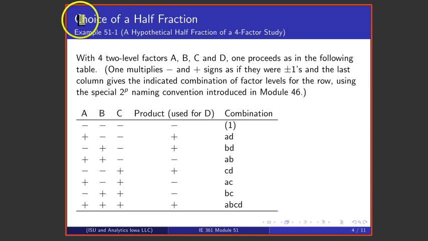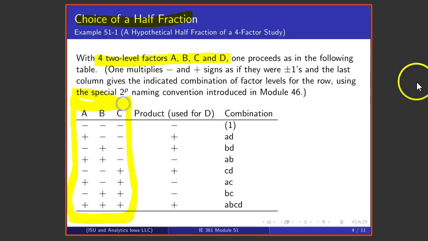Here's an example. Here's choice of a half fraction of a full 2 to the 4 factorial in the factors A, B, C, and D. One begins over here on the left side by writing out all possible combinations of plus and minus signs, specifying combinations of levels of factors A, B, and C. I've actually written these out in Yates standard order, if you will, truth table fashion: minus plus, minus plus, minus plus, minus plus, minus minus plus plus, minus minus plus plus, and so on.